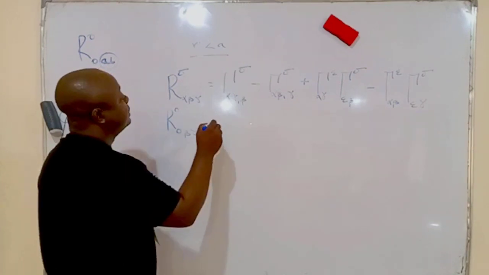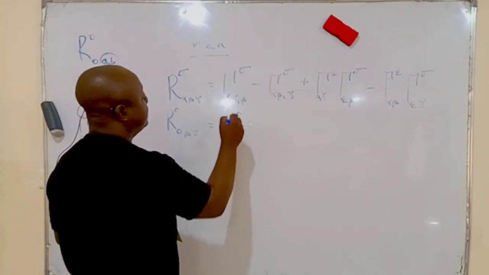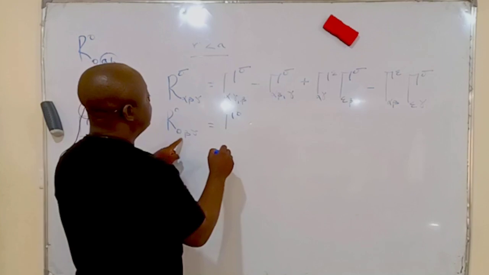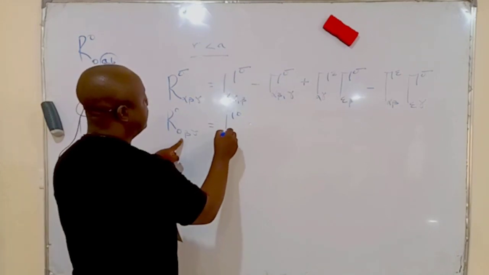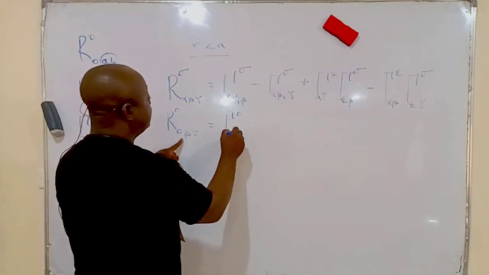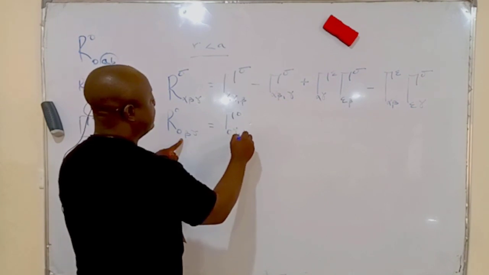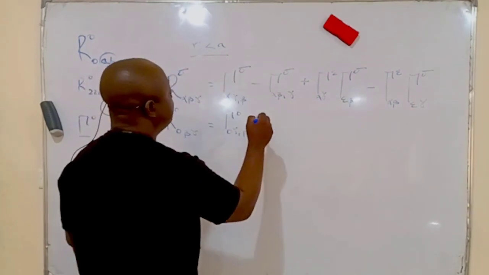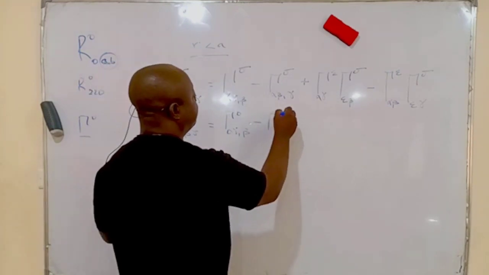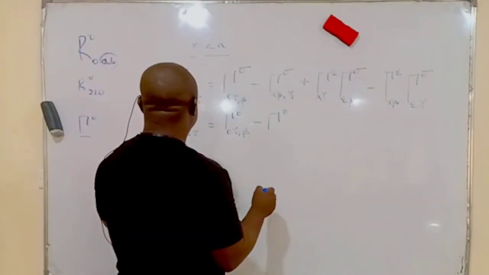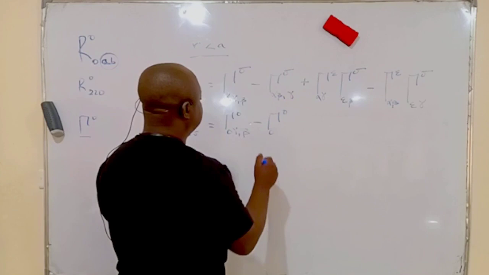So here we're going to have 0. Okay, what is 0? Alpha. 0. Then we have gamma, comma, beta, minus, we have 0. Our alpha is 0.